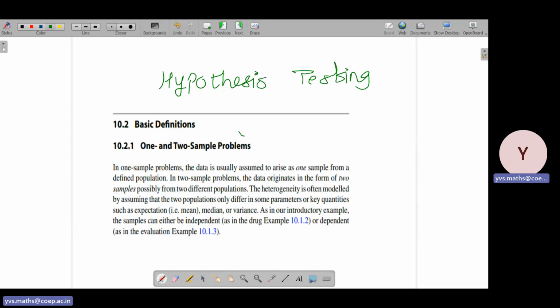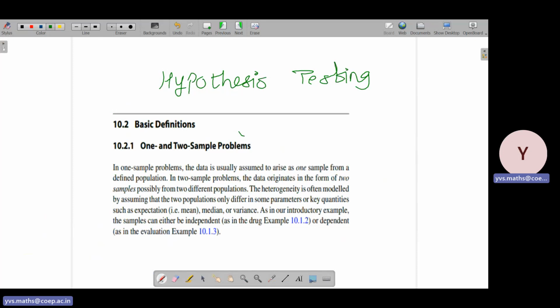So we use the concept of testing of hypothesis for testing whether our hypothesis is true or false, or for making statistical inferences. There are basically two problems we have to deal with: the first is the one sample problem and the other is the two sample problem.